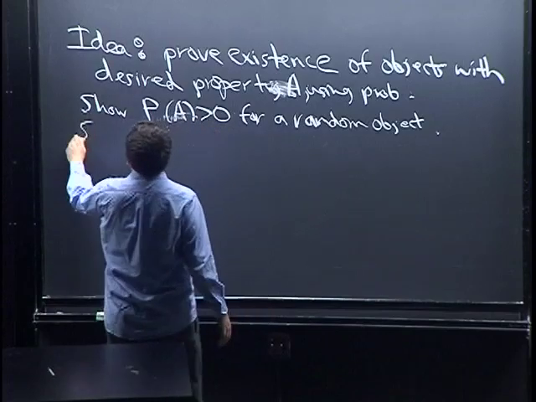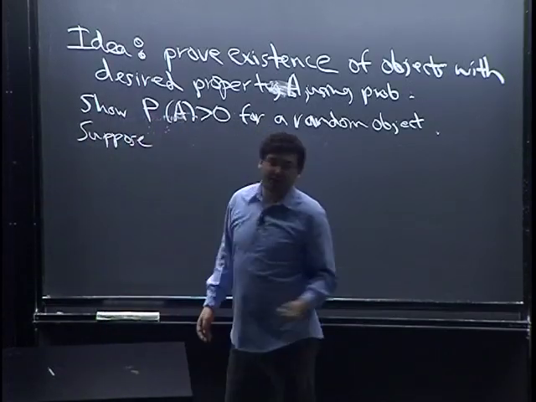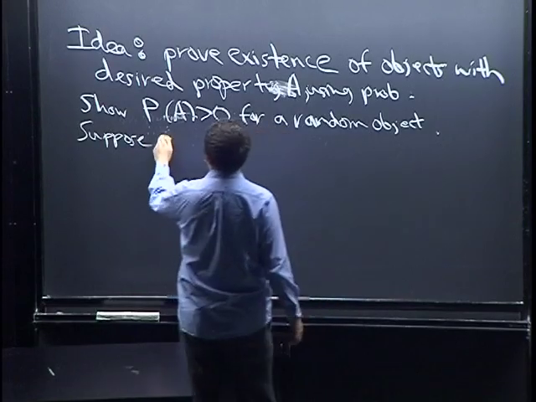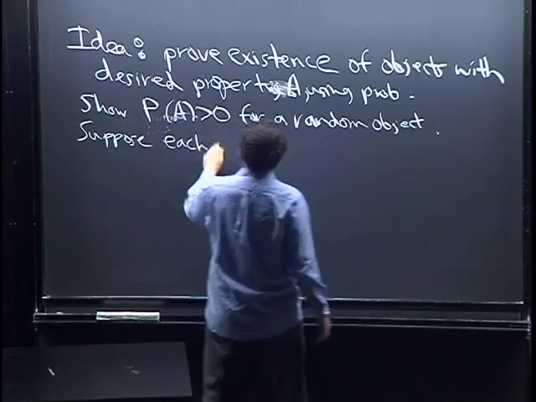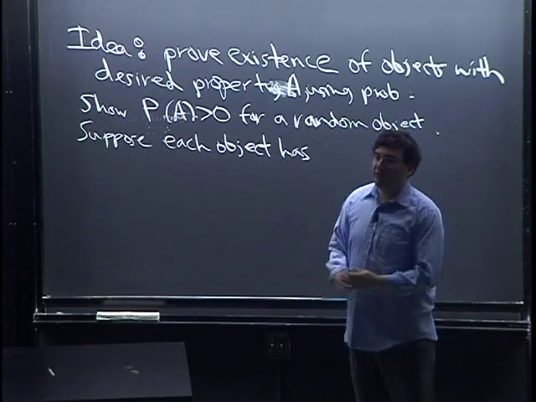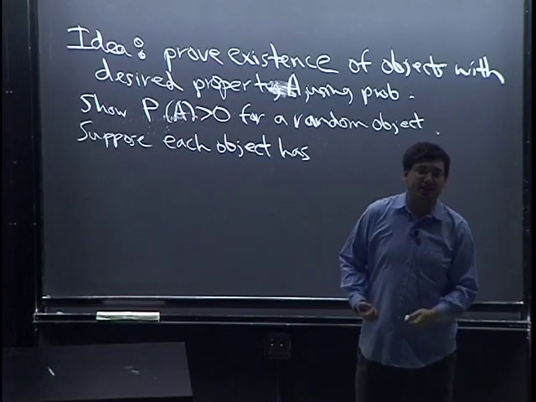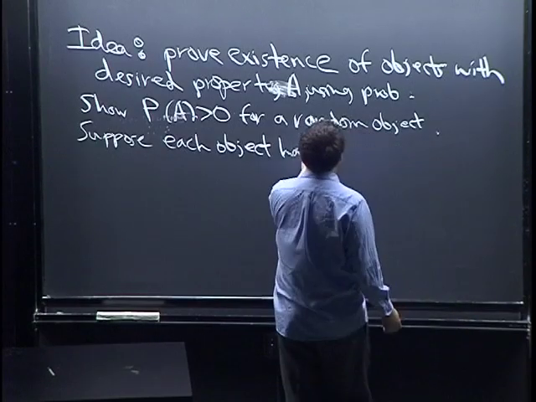Let's extend this a little bit. Suppose each object has a number associated with it. Let's think of a score. So we have this universe of objects, no probability yet. Each object has a number attached to it, so some kind of a score.